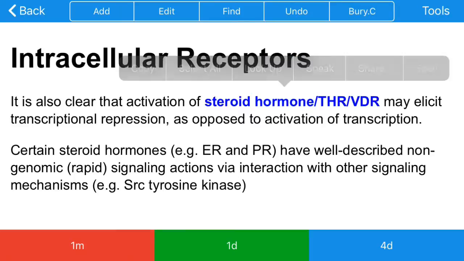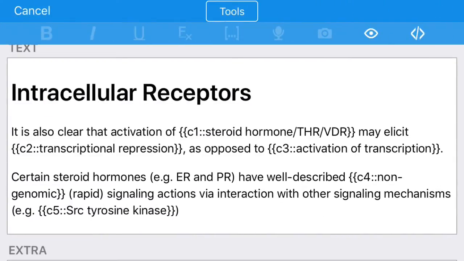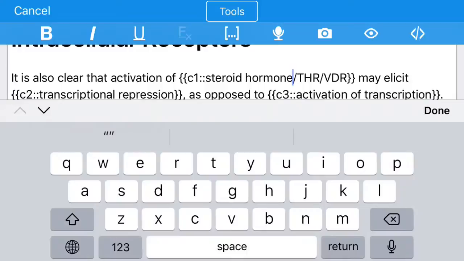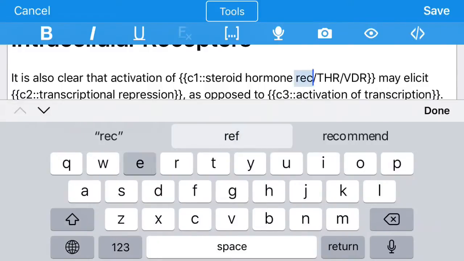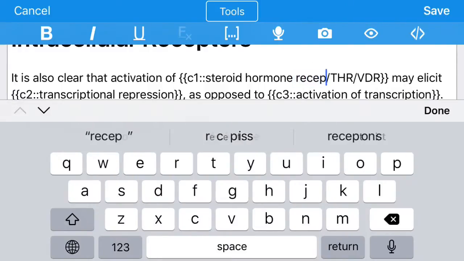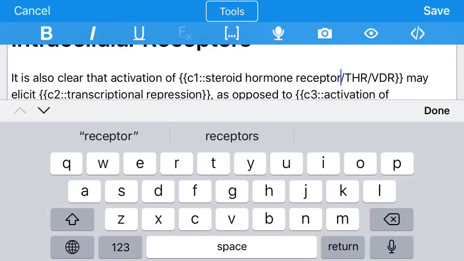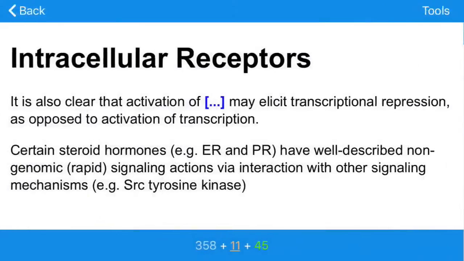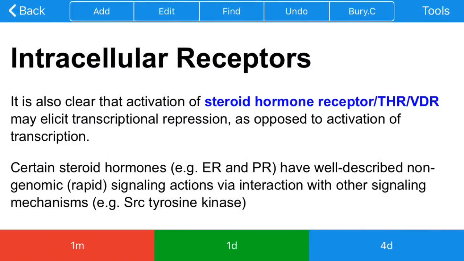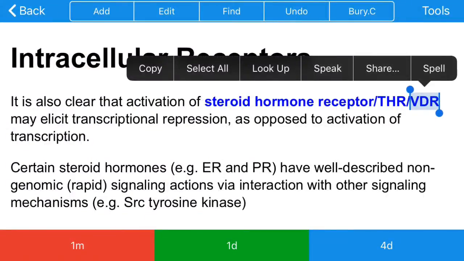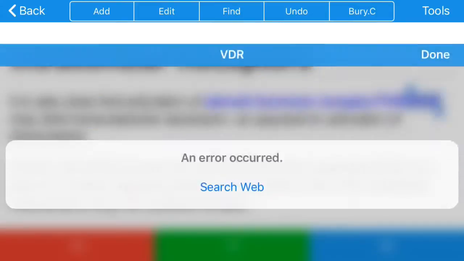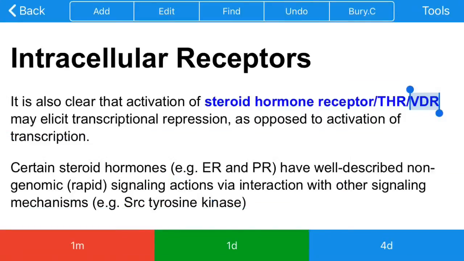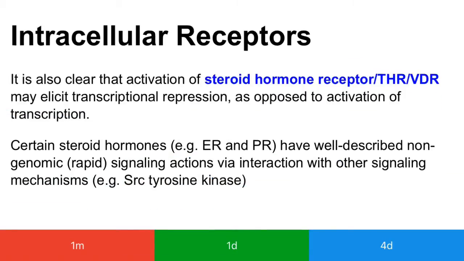See, that's the problem. It's not parallel construction. It says steroid hormone, and you see a receptor after that. Details, man, details. But what the heck is a VDR? Is it vasopressin? See if I can look it up. No, I'm not allowed in guided access. Okay, well, stay focused now. Don't distract yourself with trying to learn the details.